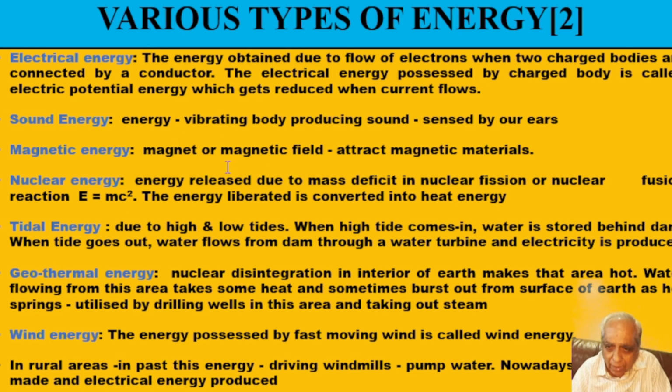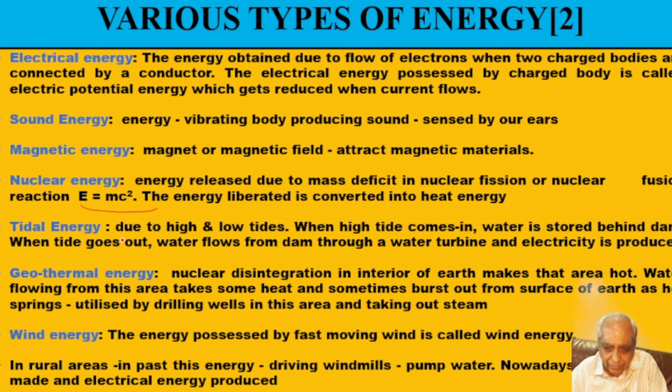So because mass is getting converted to energy, the relation between the two is given by E = mc². Here m is the mass deficit. If this mass gets converted to energy, you get this. c is the velocity of light in air or vacuum.